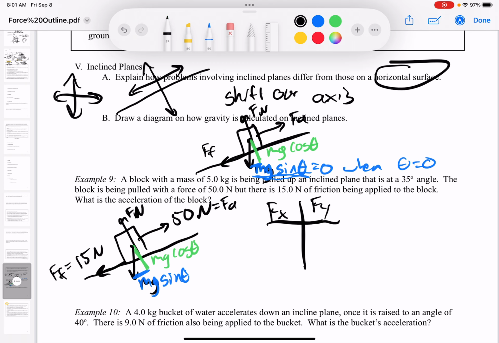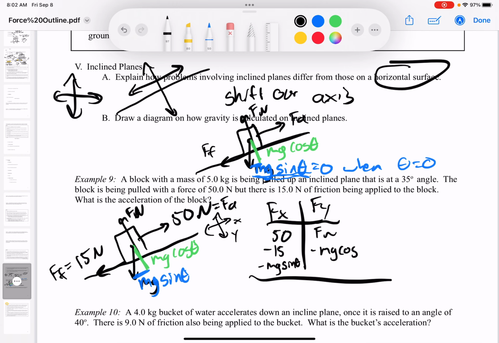In the x direction, that's this direction, and this side is y. So in the x direction I have 50, I have minus 15, minus because it's backwards, and I also have a minus mg sine theta. And then in the y direction we have an Fn, and we have a minus mg cosine theta.